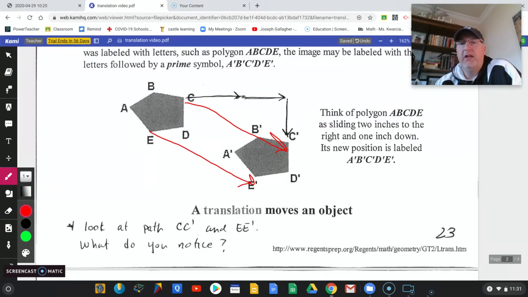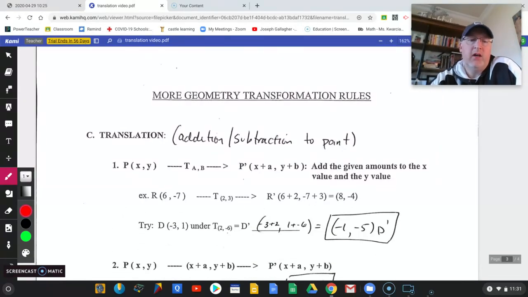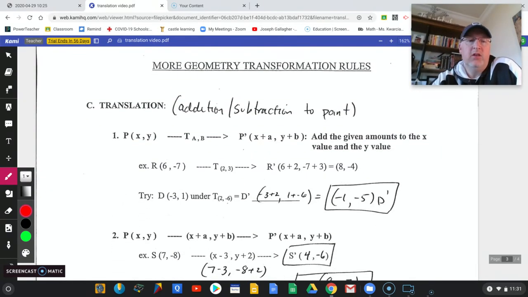They should both be parallel to each other, and if I had endpoints on them, they'd both be congruent in length as well. So when we move an object, there's going to be direction, but if you want to get into vectors soon, we'll see that the vectors are going to be congruent to each other.